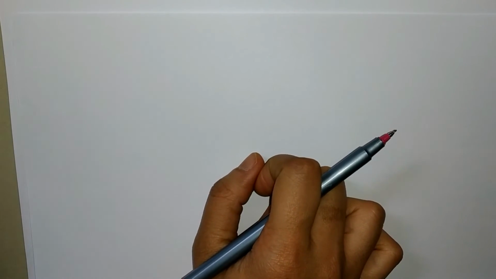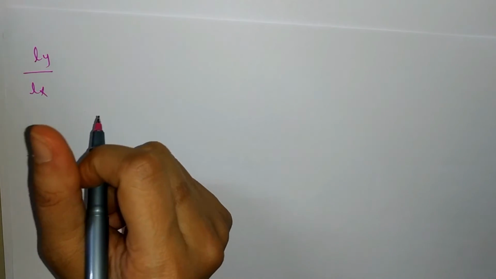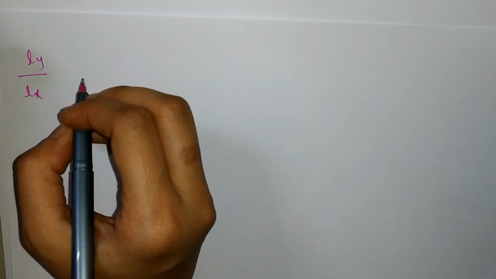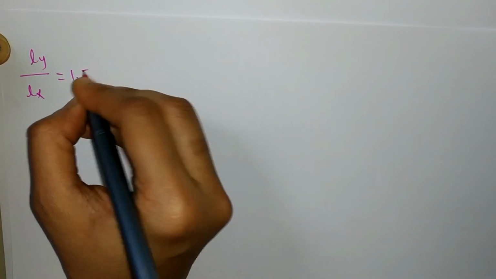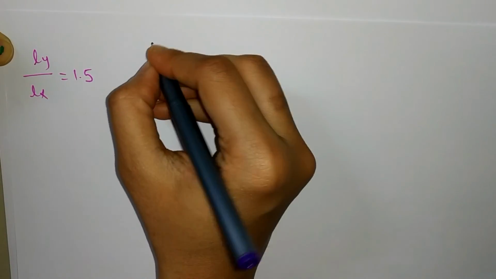Now similarly, let's see the two-way slab, where I have to take my Ly upon Lx ratio less than 2. So let me take 1.5. What about Wy?